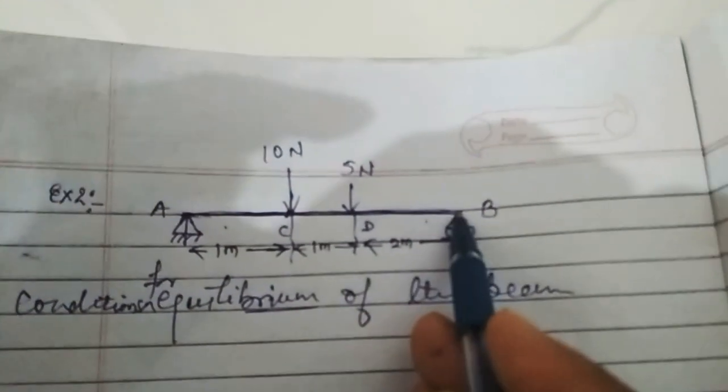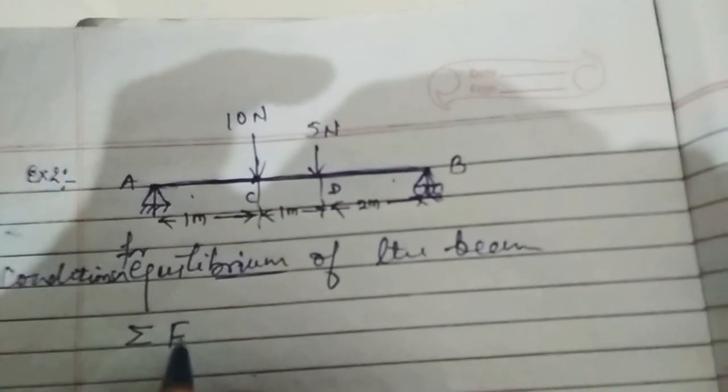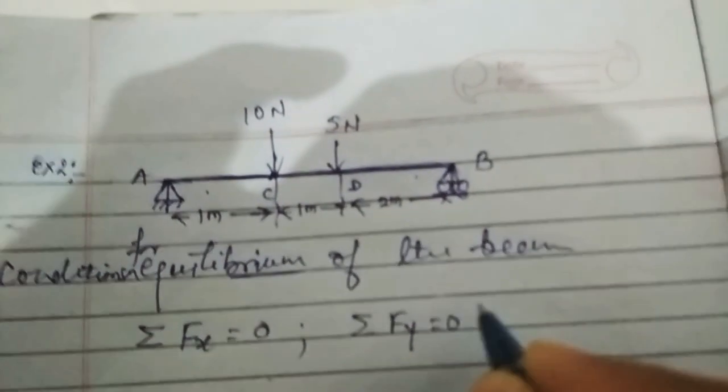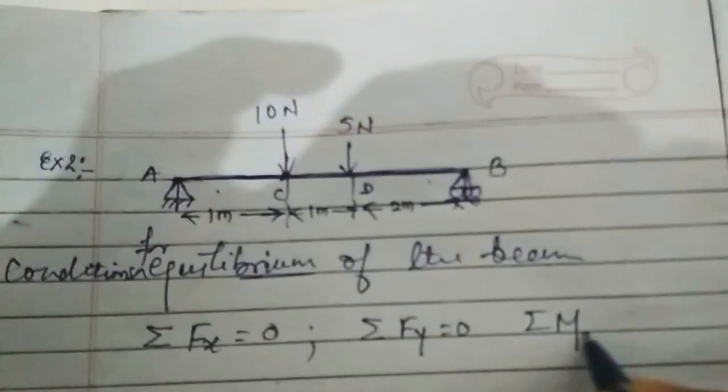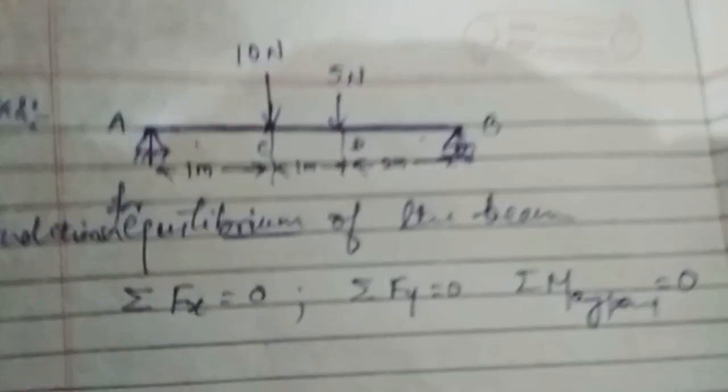Because all the forces are acting in the same plane and their lines of action are passing through different points of application. So it's a coplanar non-concurrent force system. The conditions of equilibrium are: summation of forces along x equal to 0; second, the summation of forces in y direction is 0; and the moment about any point in the plane should be 0. These are the conditions of equilibrium.